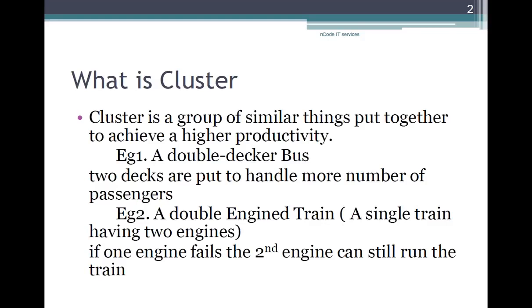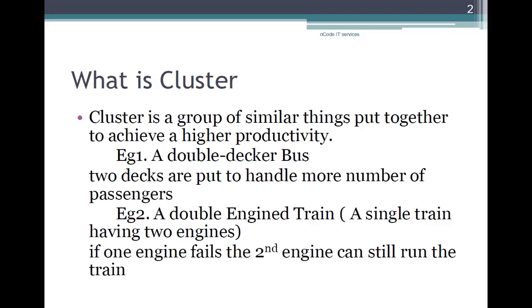So this is again a clustering, but in this case, unlike the double-decker bus where we are trying to handle more load, a two-engine train is not handling more load. The load is still going to be the same, but it is giving the train high availability.